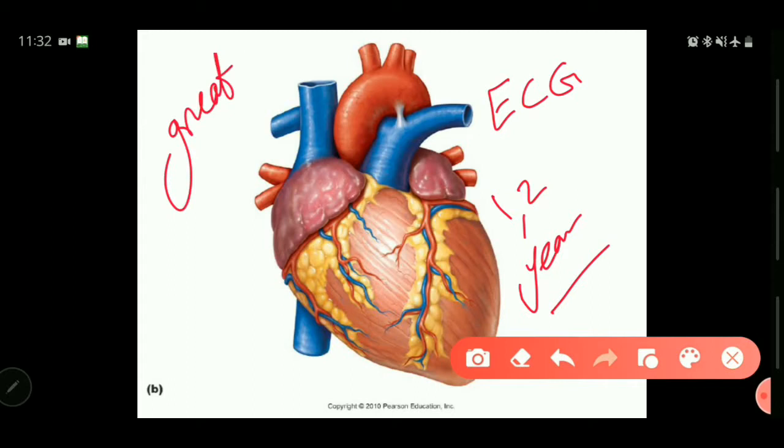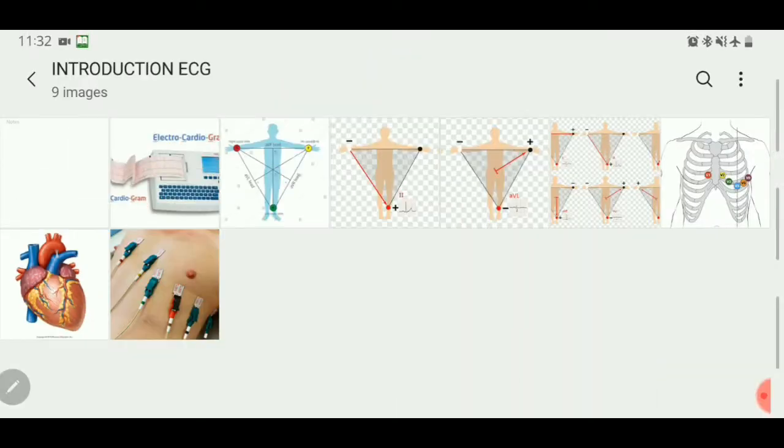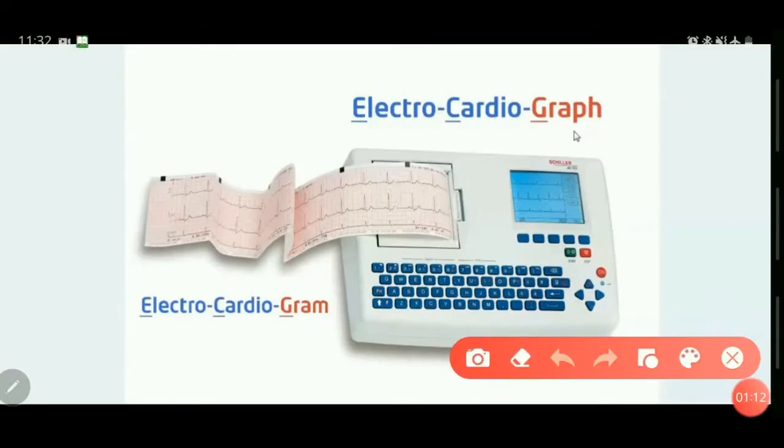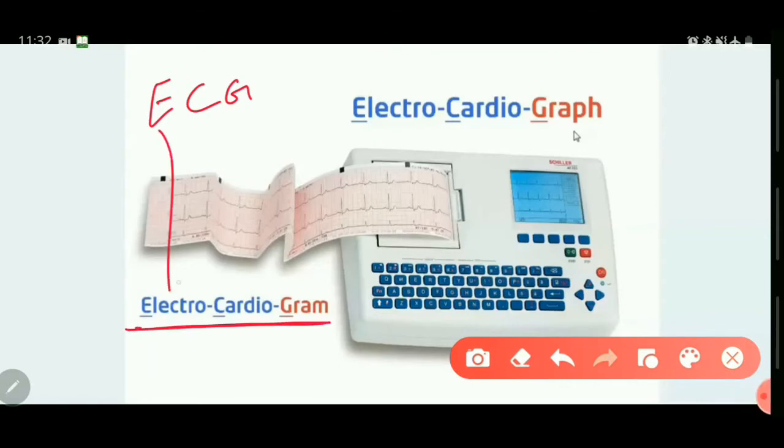Let's explain the first steps of the ECG. The ECG is an abbreviation of a long word, the electrocardiogram. The E is for the electricity of the heart. The C is the cardio, the heart itself. And the G is the gram, which is the unit of the ECG.